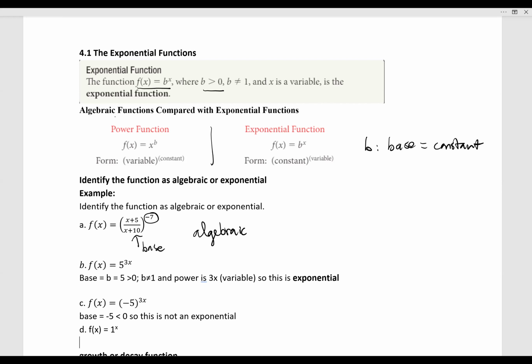Come down to D here. You have f(x) = 1^x, and here you see that the base is equal to 1, which does not meet the requirement for the exponential function, that b cannot equal 1.